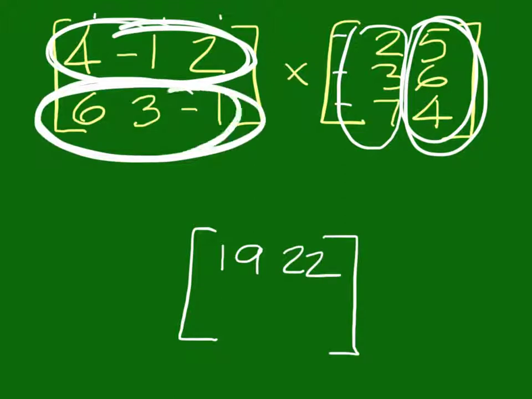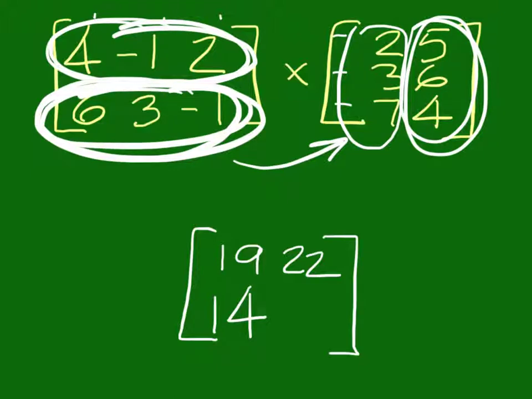Now go down to this row and then back to the first column. It'll be 12 and 9 for 21. 21 plus a negative 7 is 14. This same row, and then this column. That's 30 and 18, which is 48. 48 plus a negative 4 is 44.